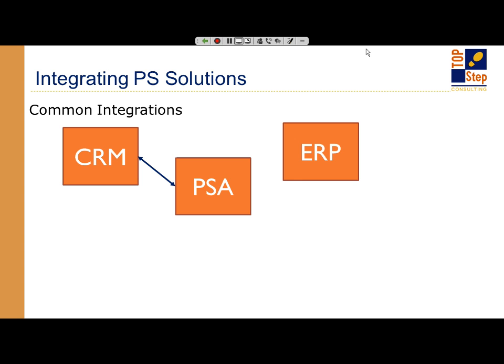Another common integration is your ERP or your financial system, because your PSA tends to have information about time and expense, maybe information about milestones for billing purposes, maybe information about revenue, and that information needs to go into the accounting system. So integration between PSA and your accounting system is actually quite common, simply because you don't want to retype the data.